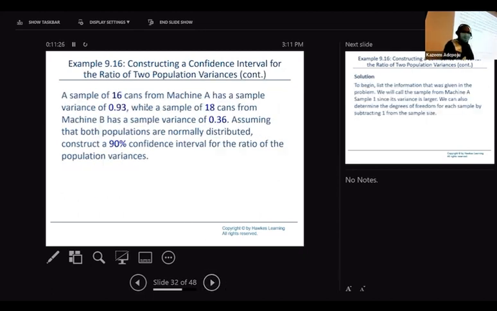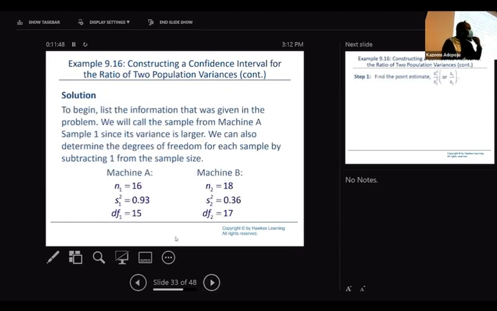She chooses a sample of 16 cans from machine A, and that one has a variance of 0.93. While a sample of 18 cans from machine B has a sample variance of 0.36. Assuming that both populations are normally distributed, construct a 90% confidence interval for the ratio. Okay, what are you going to do? From machine A, this is a data set.